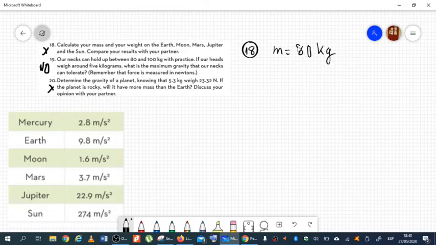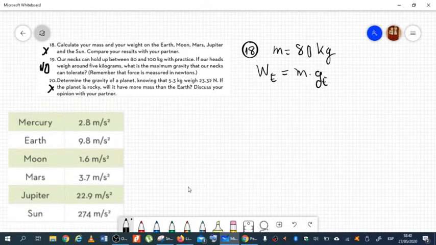So you have to do the same, but changing this mass for your mass. If this is your mass taken with a scale, your weight on Earth is the mass multiplied by the gravity on Earth.